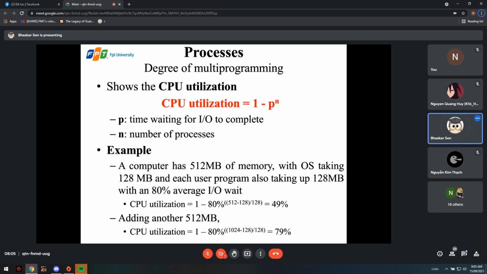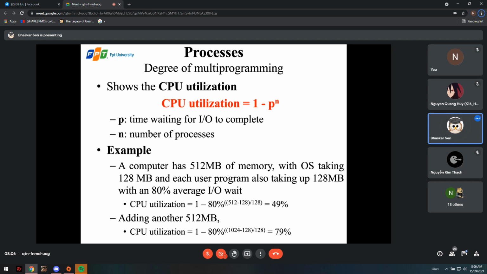So we have another 512 MB of RAM. Once we have this extra RAM, how will you put into perspective exactly what is happening?